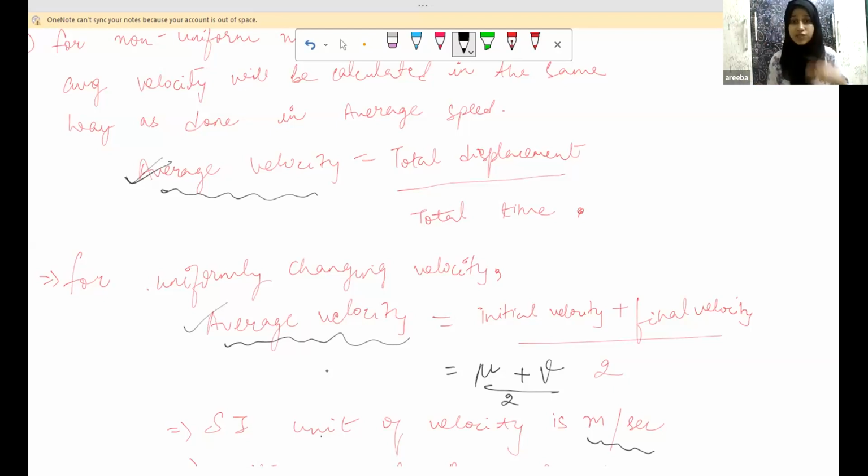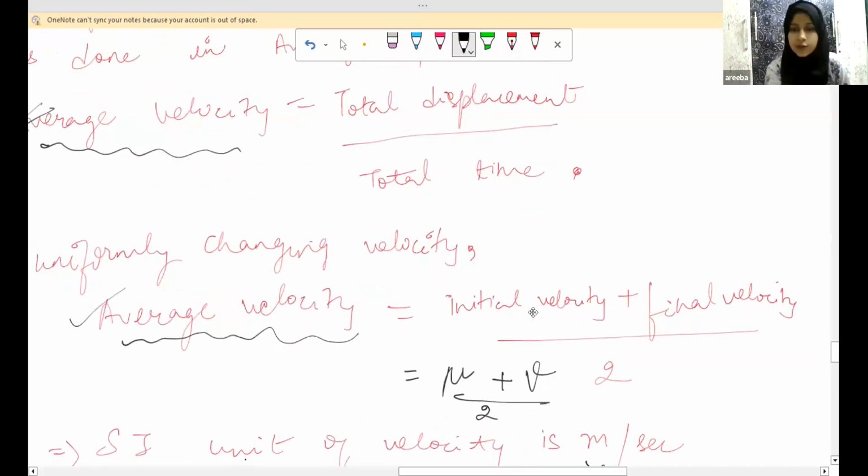Now to calculate average velocity in the case where I have not been given displacement or time, but I have only been given the velocities, I'll use this second formula, which is initial velocity plus final velocity upon 2. Initial velocity is denoted by small u, okay? And final velocity is denoted by v, all upon 2. Okay, बच्चे?